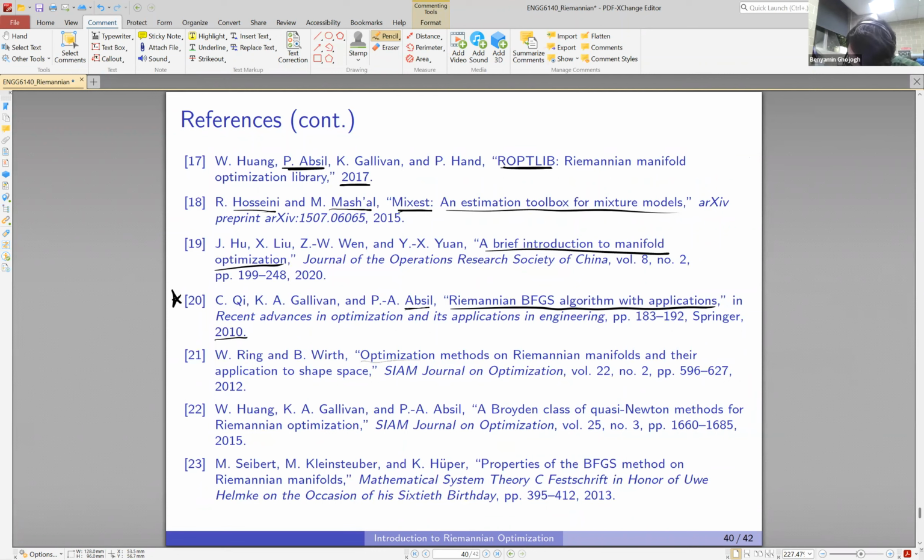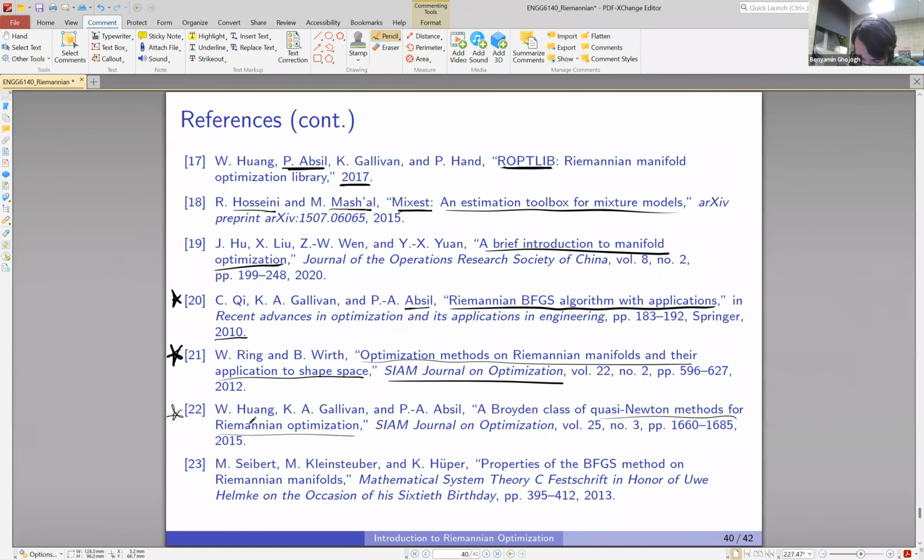21, this is Optimization Methods on Riemannian Manifolds and Their Application to Shape Space, published in SIAM Journal on Optimization, which is a very good journal in optimization. This is a very important paper proving the convergence of RBFGS, the Riemannian BFGS algorithm. Also, A Broyden Class of Quasi-Newton Methods for Riemannian Optimization.